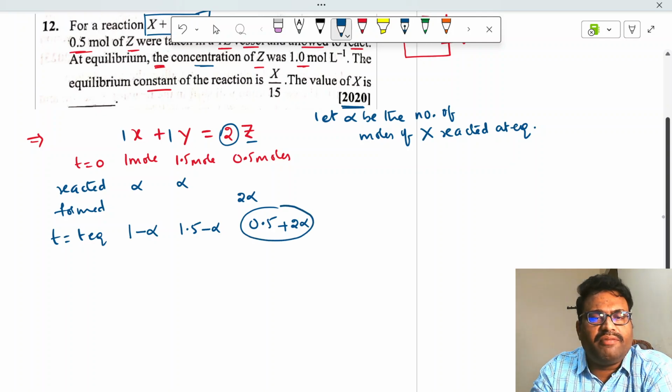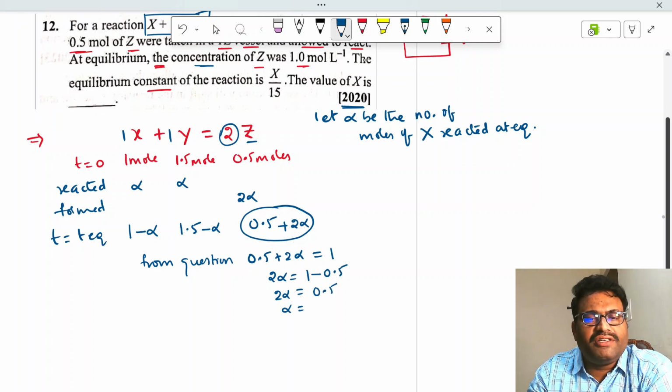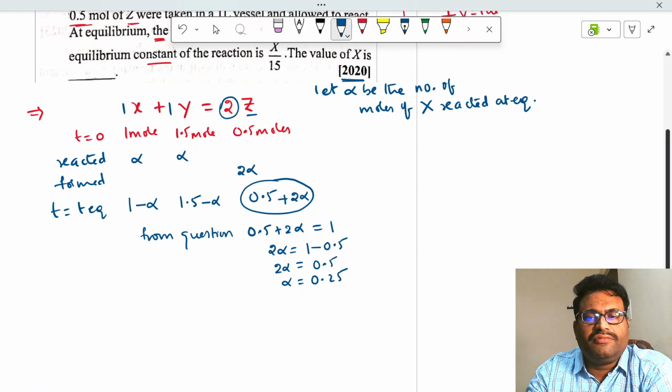This is given in the question: 0.5 plus 2 alpha is equal to 1. Then 2 alpha is equal to 1 minus 0.5. So 2 alpha is equal to 0.5. Alpha is equal to 0.25.